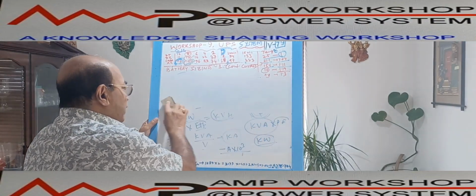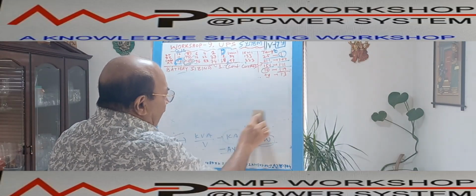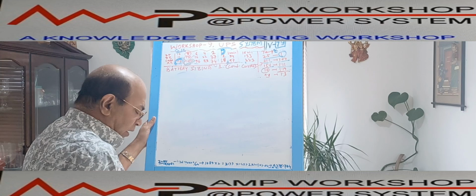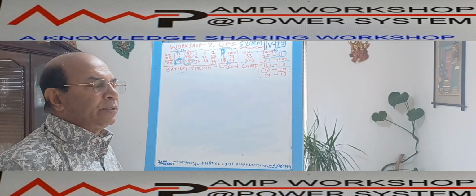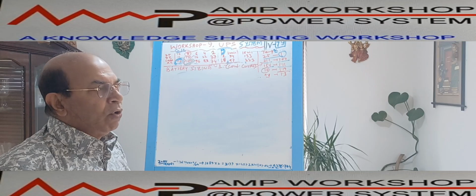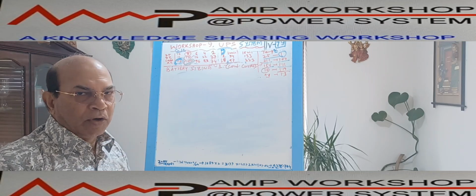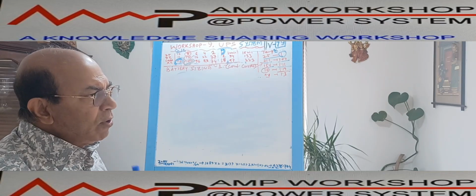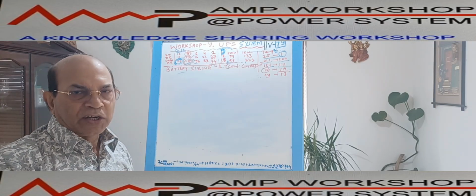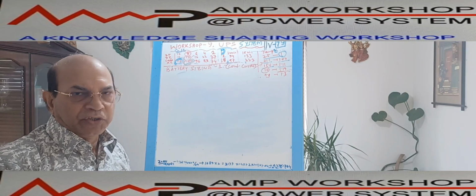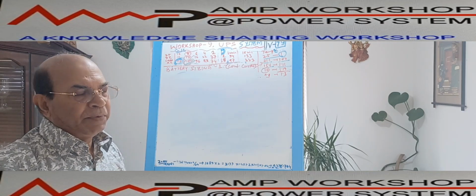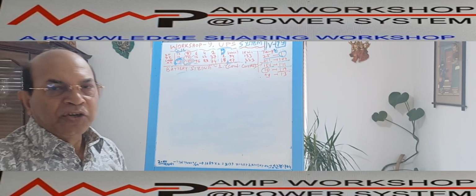This UPS we are purchasing or installing for a particular plant, and that plant has an operational sequence. We have already discussed that every plant has its normal generation for normal power. Either they have their own generation or they get power from the grid. Now once this normal power supply, that means grid power or their own generation, either gas turbine generator or steam turbine generator or any form of own generation, fails, then immediately every plant has its emergency diesel generator.